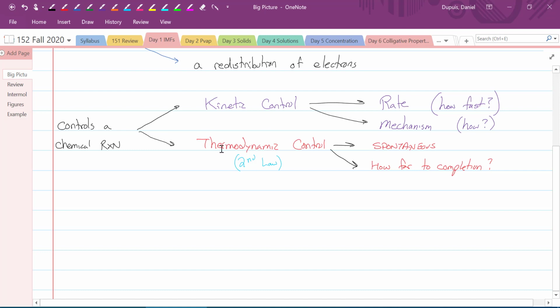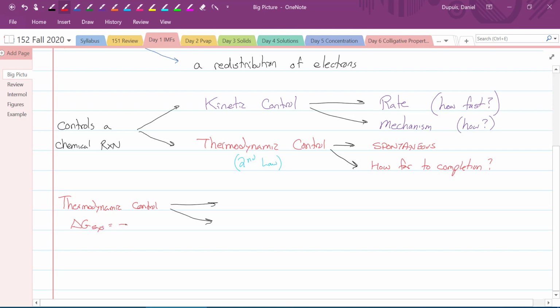Now, when we go to thermodynamic control, there's something called, all right, what makes these things happen? There's two terms that we're going to get. The overall term is what we're going to call delta G for the system is negative.